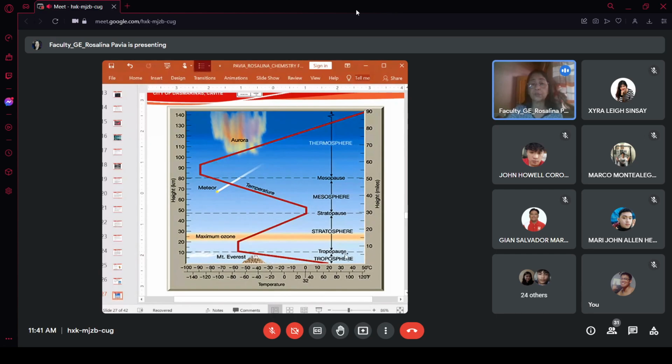Hanggang dito lang siya, class, 10 kilometers above the surface of the Earth. So yung ozone layer is actually between 20 to 30 kilometers above the surface of the Earth. This is along the stratosphere already. Medyo painit na ng painit dito kasi si ozone nag-absorb na ng UV rays coming from the sun. So as you go higher, nag-i-increase yung temperature.